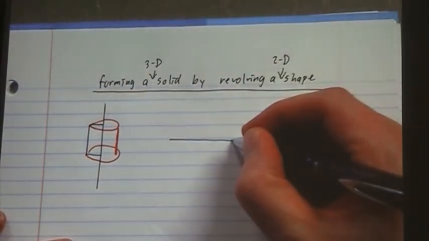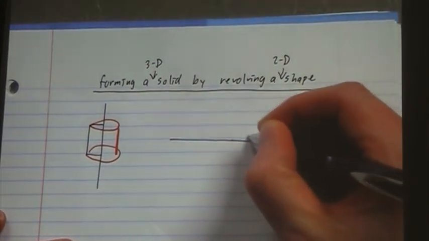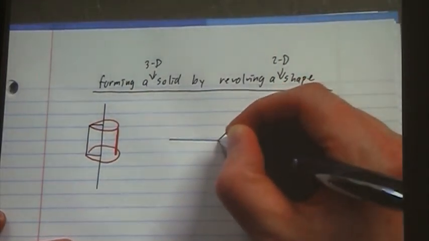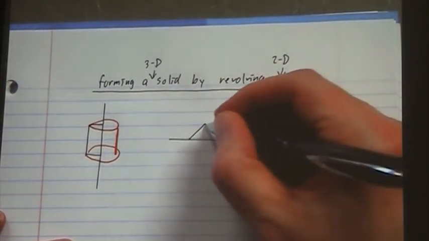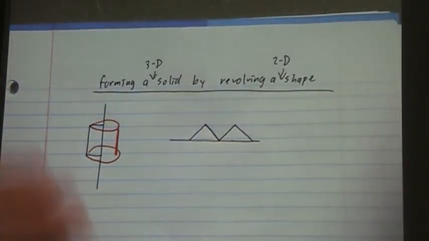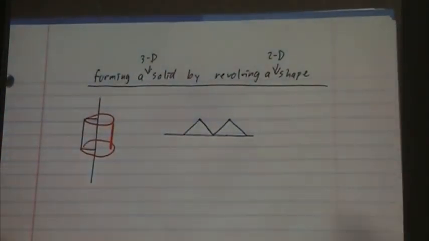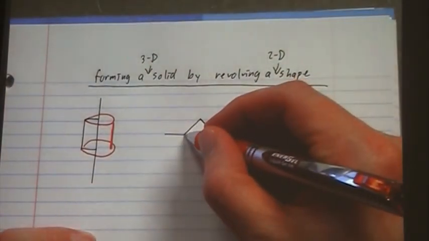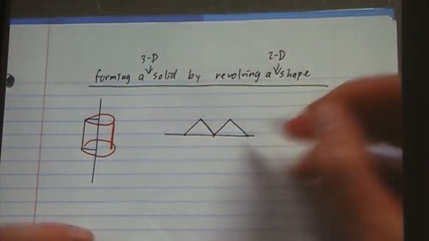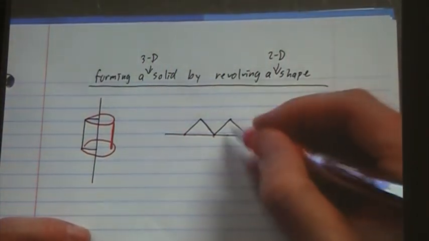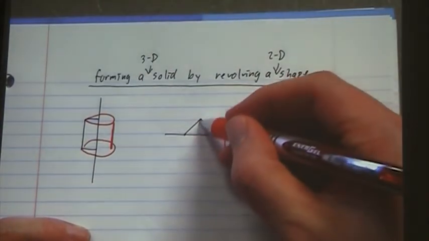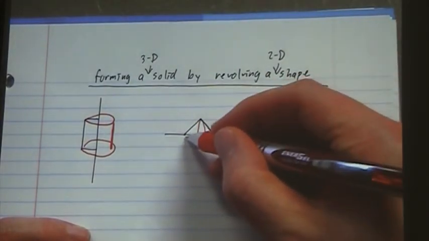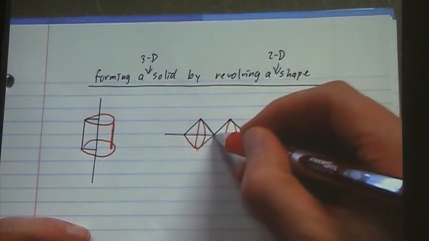Another example, we can do it the other way too. Let's do a fun one. I don't think this is in your assignment. But if you were to rotate this guy, these guys here wouldn't really move when you rotate them. But these guys would. They'd make a big something or other. Then you'd have a situation like that.